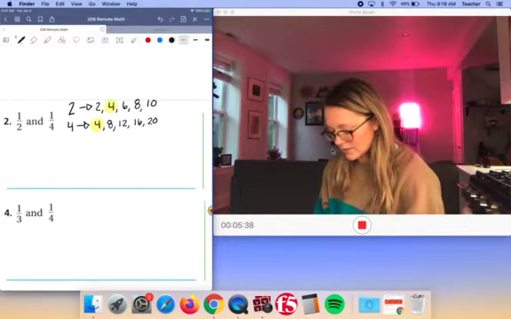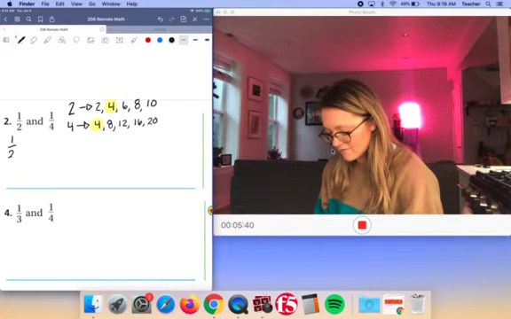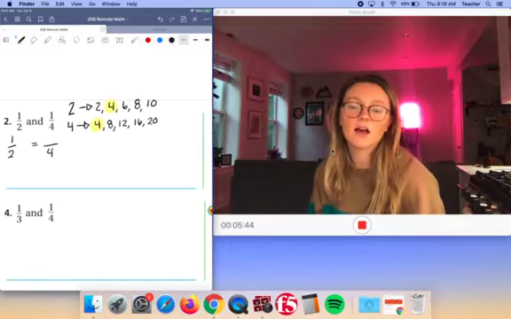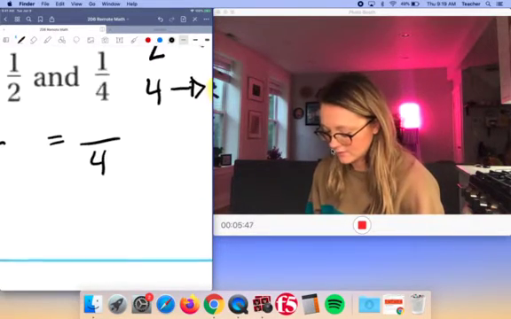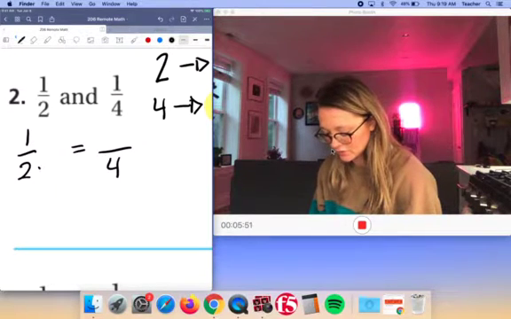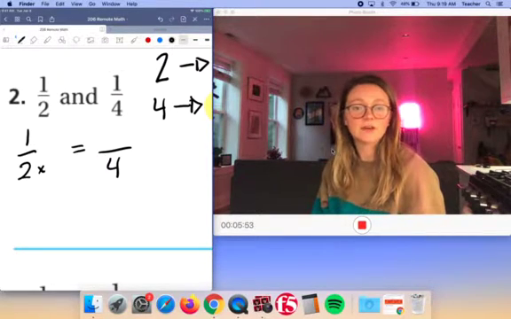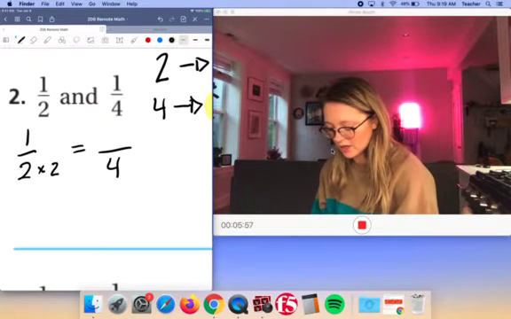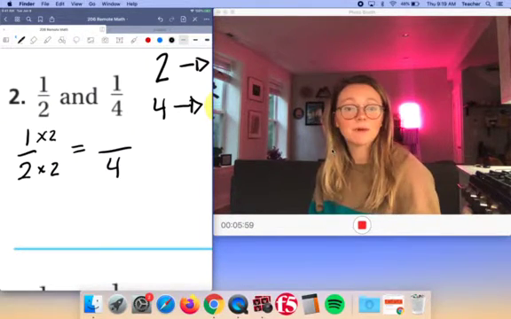So what I'm going to do is I'm going to take 1/2, and I want it to equal something that has a denominator of 4. So what do I do to 2 for it to equal 4? 2 times 2. And whatever I do to the bottom, I must do to the top.